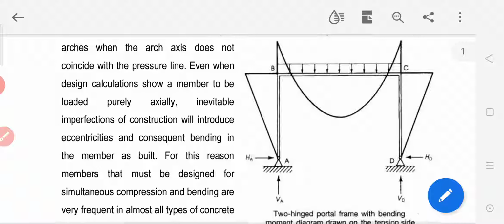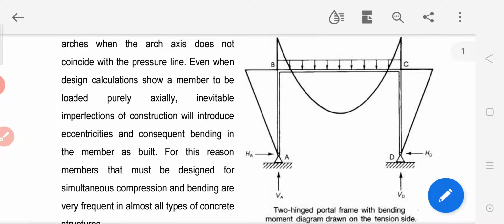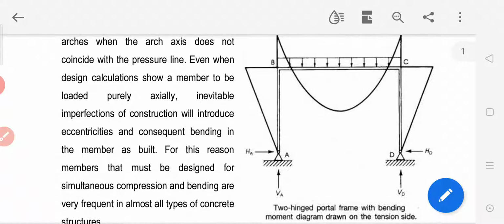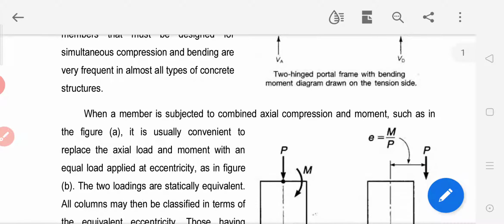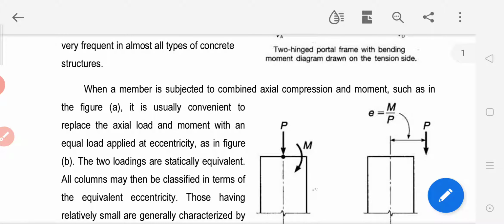In concentrically loaded columns, the load is on the central axis, and for eccentrically loaded columns the load is far from the center. When the load cannot be centrally applied, this is called eccentrically loaded.